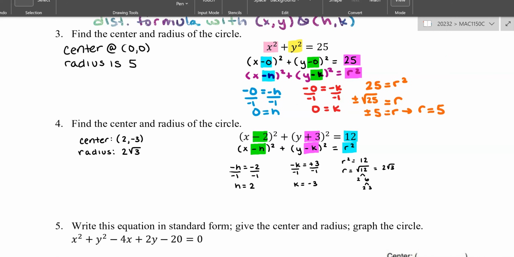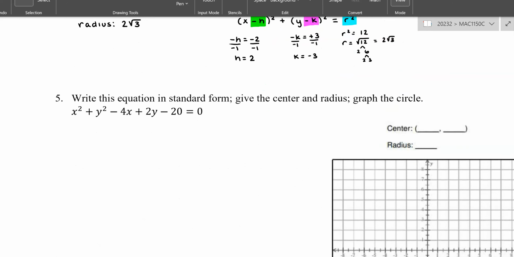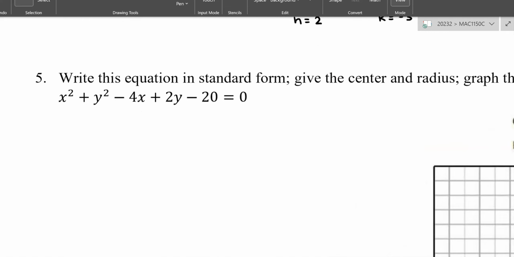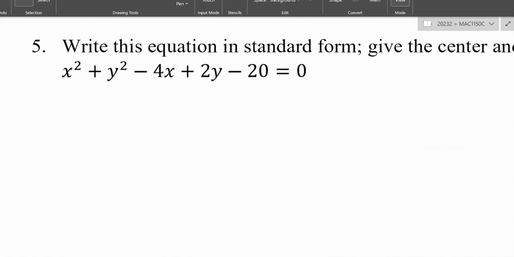Okay, so now, what if your circle is not in standard form? So check this circle out. I know it's going to graph a circle because there's both an x squared and a y squared. And that's really the only thing you know how to graph right now is a circle.